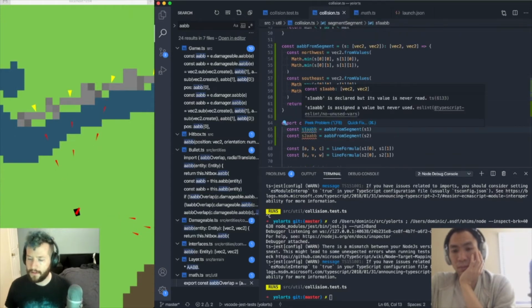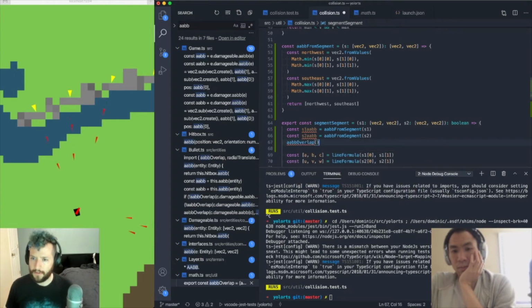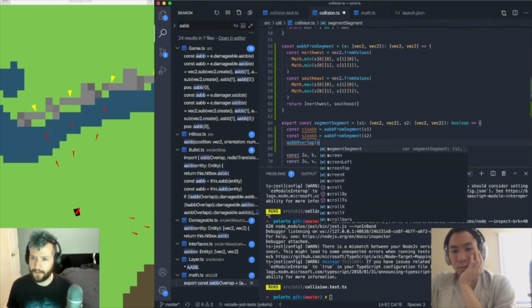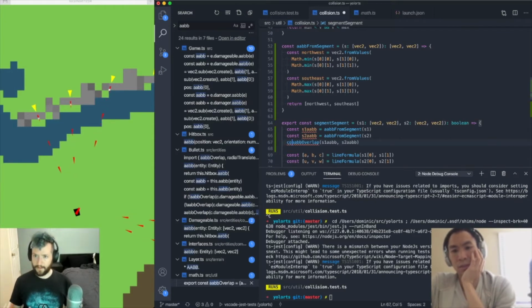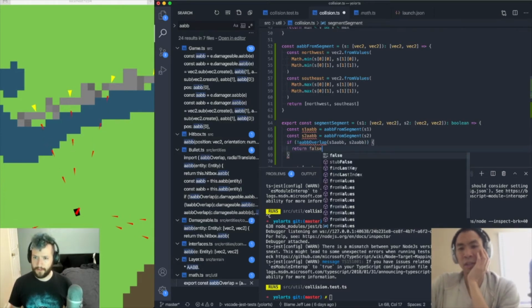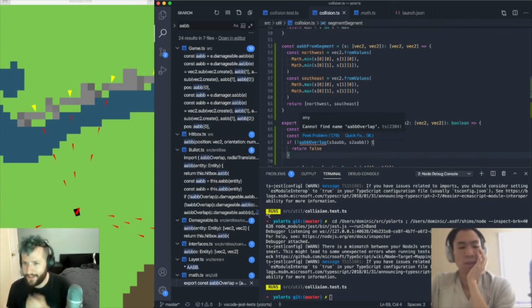And AABB overlap S1, S2. So if you basically say if not that, then return false. Oh, actually, we don't even need to store this. Oh, you're talking about inlining the AABB from segment calls? No, though I guess we probably don't need that either.